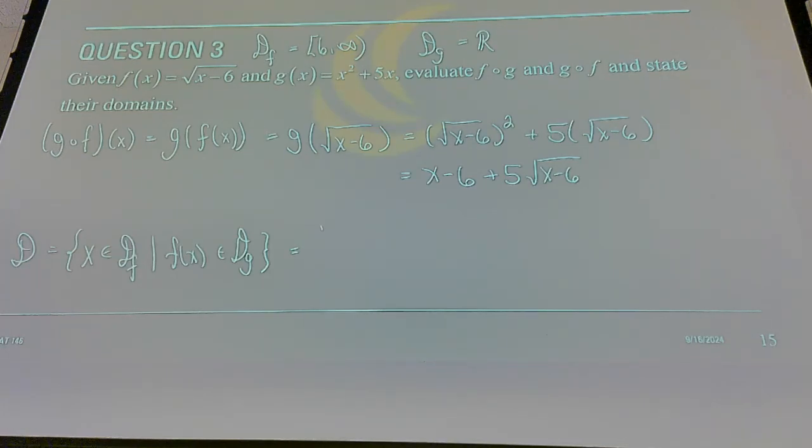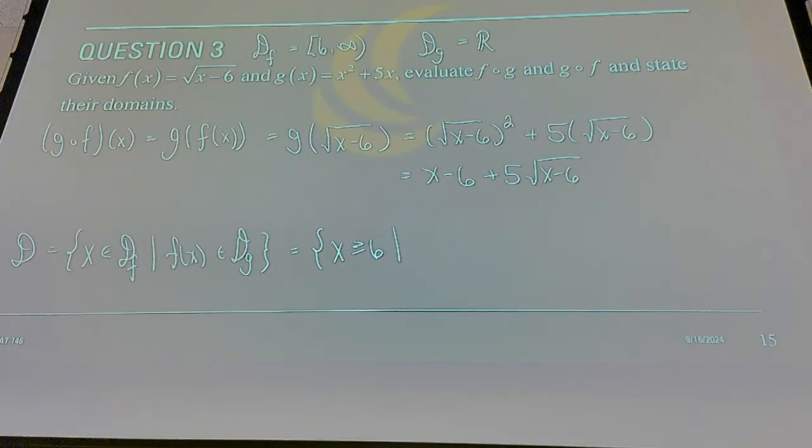Well, domain of f would be greater than or equal to 6, right? So the set of all x greater than or equal to 6, such that f of x, square root of x minus 6. And what was the domain of g?